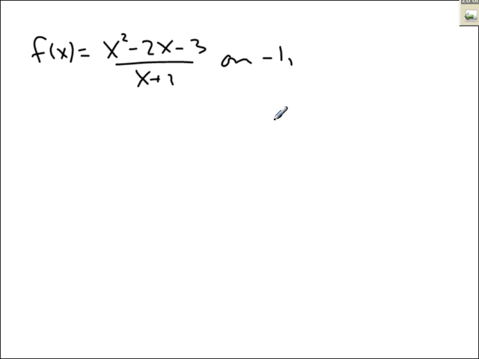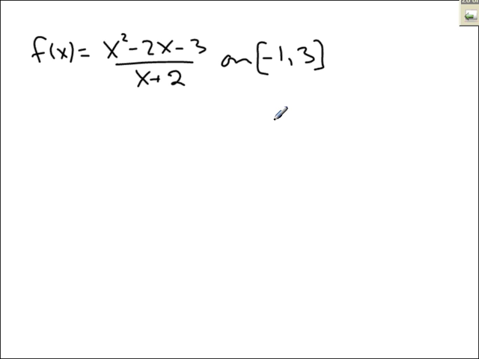Suppose I tell you that f of x is equal to x squared minus 2x minus 3 over x plus 2, and we're going from negative 1 to 3. And let me write it down very clearly.